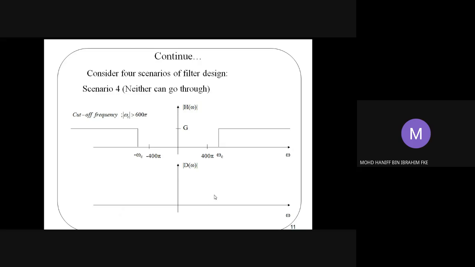So when we consider the output response, nothing exists. Nothing exists here means that there is no output due to this design of your filter's frequency response. So this is how we use the Fourier transform to explain filter design.